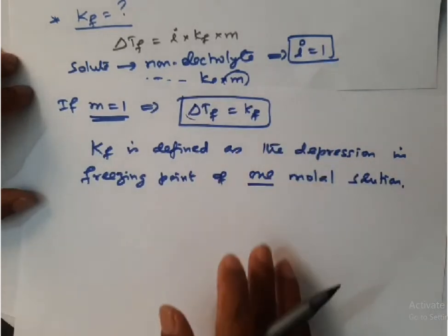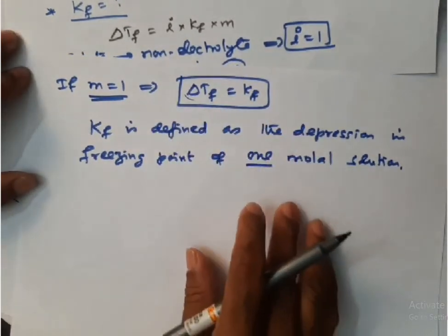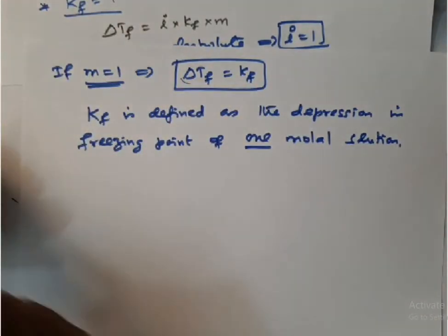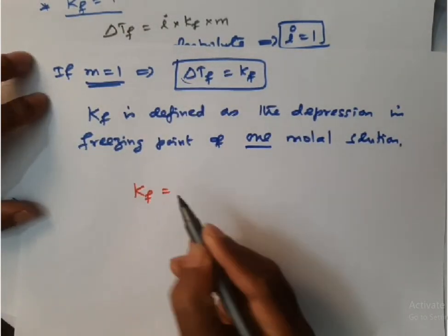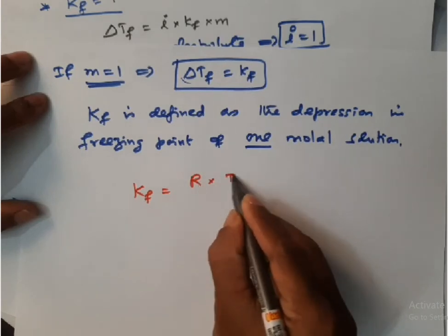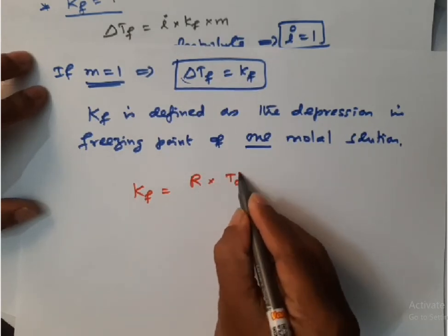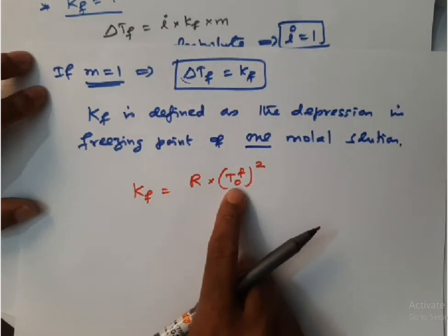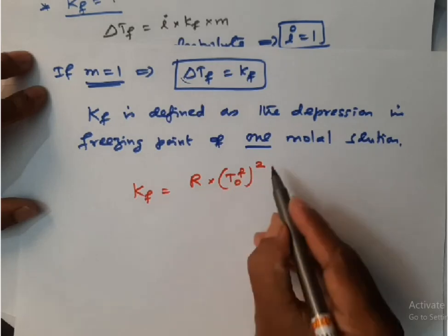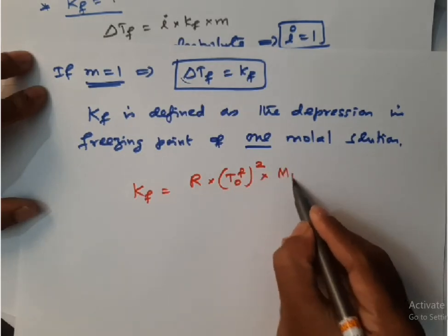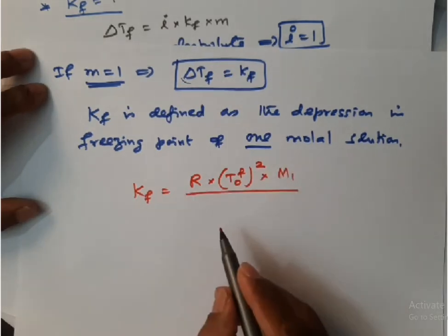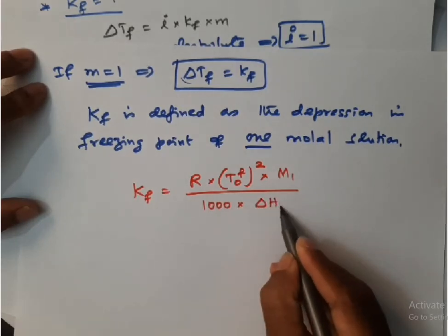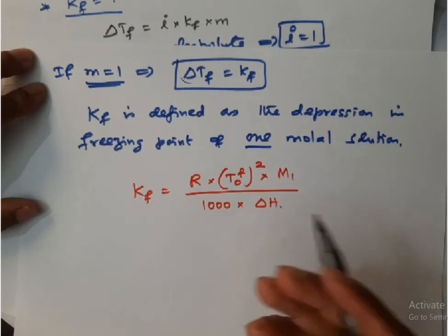You can also determine Kf theoretically. There is a derivation available, but I am not going to do that. I am going to give you only the final expression. The expression is this: Kf equal to R into (T naught f) whole square, where T naught f means the freezing point of the pure solvent, into M1, the molar mass of the solvent, divided by 1000 into the enthalpy of fusion, or melting, right?